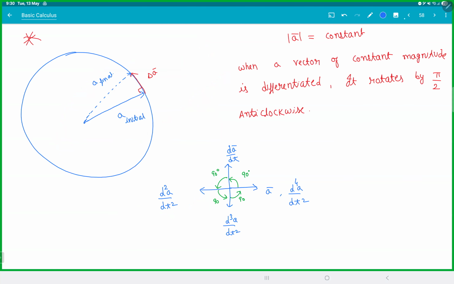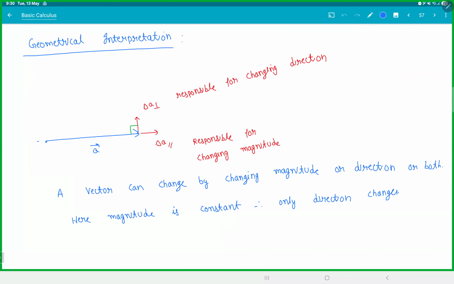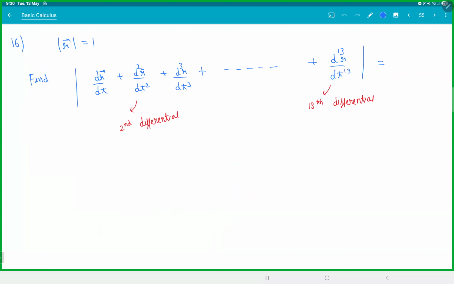Clear with this? Now, can you solve this question? How will you solve this? I'll help you with one, and you guys do the next one.